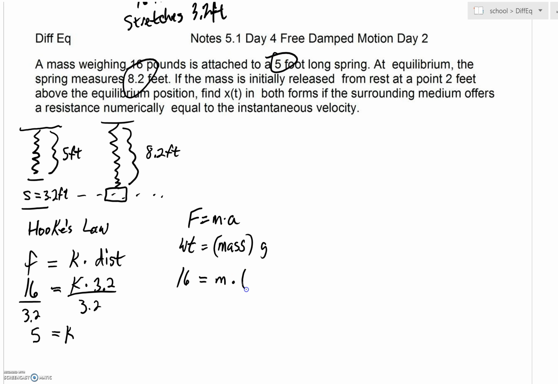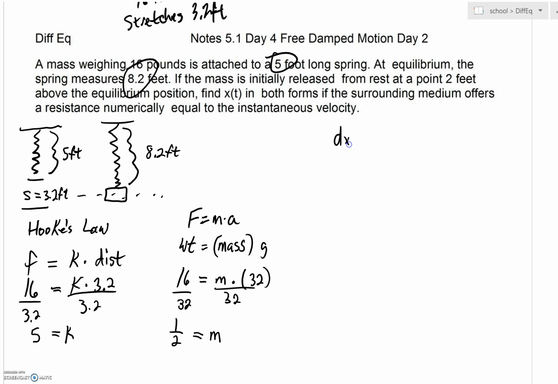The gravitational constant, where downward is considered positive, would be 32 feet per second squared. We can divide by 32. And look at this. We haven't even read through the full problem yet, but we're getting very important information here. Why is that so critical, to have k and m?